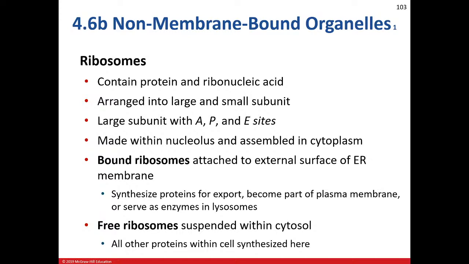So moving on, we have ribosomes, which contain protein and ribonucleic acid. This textbook is really emphasizing the protein component of ribosomes. In fact, earlier it said ribosomes were made of protein. Protein is actually a relatively minor component of ribosomes, and RNA makes up the majority of it.